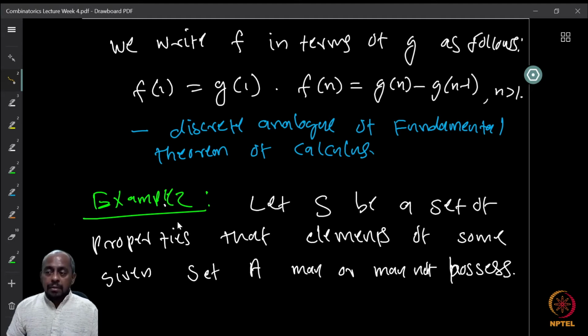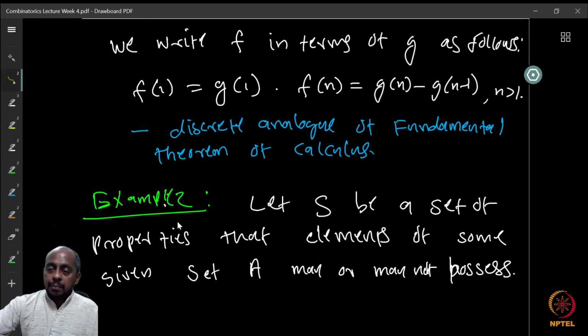But now you collect some properties that some of the elements of this set might have or might not have. So you take all these properties and say that these elements have this property, these elements have this property, these elements have this property and that property, whatever. So you have this collection of properties that each element may or may not have.